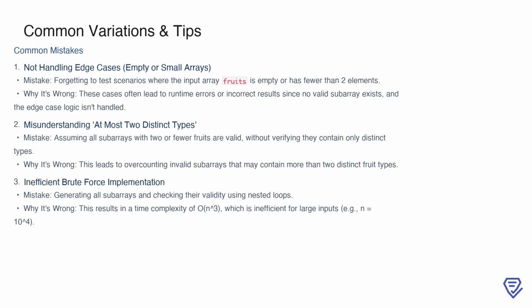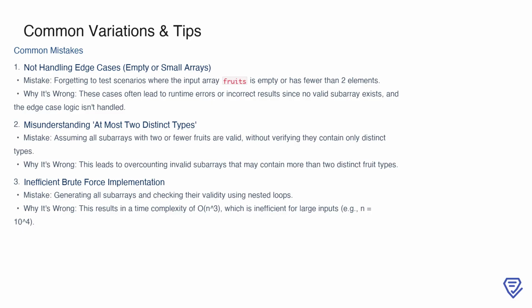When solving this problem, there are a few common mistakes to watch out for. First, not handling edge cases like empty arrays or arrays with fewer than 2 elements is a frequent oversight. These scenarios often cause runtime errors because no valid subarrays exist, and failing to account for them leads to incorrect results. Another common issue is misunderstanding the phrase "at most 2 distinct types."